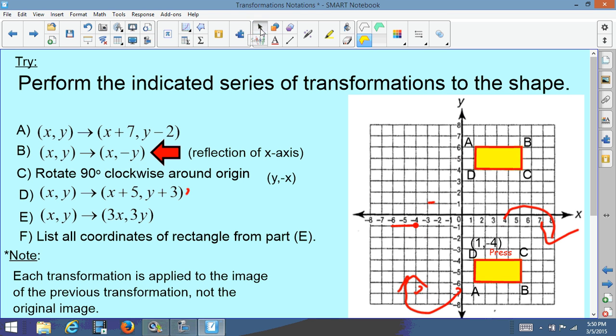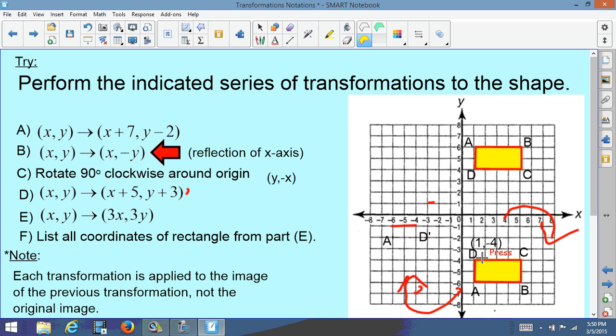So let's make a list of our coordinates. So this is D, and this is A. All right. Now let's take the C coordinate, which is 5, negative 4. Let's switch it. It'll be negative 4, negative 5, which is down here. And let's get our tool again. So again, it's switched.